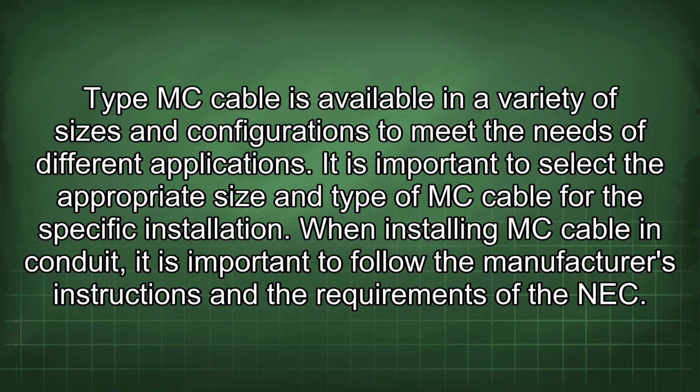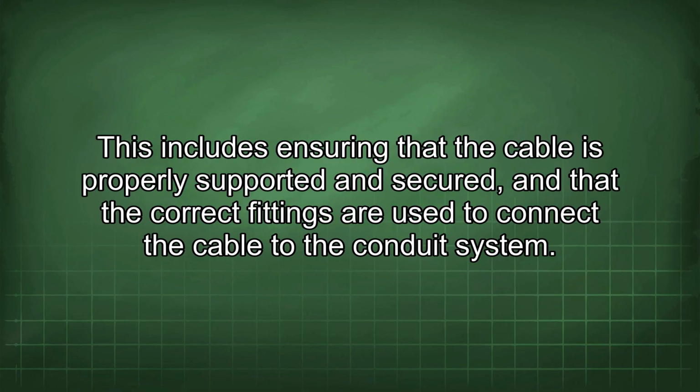It is important to select the appropriate size and type of MC cable for the specific installation. When installing MC cable in conduit, it is important to follow the manufacturer's instructions and the requirements of the NEC. This includes ensuring that the cable is properly supported and secured, and that the correct fittings are used to connect the cable to the conduit system.